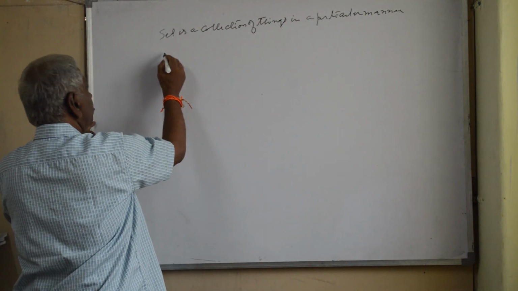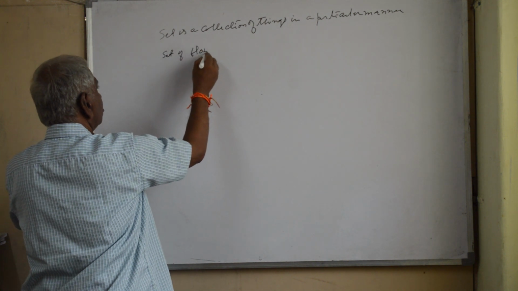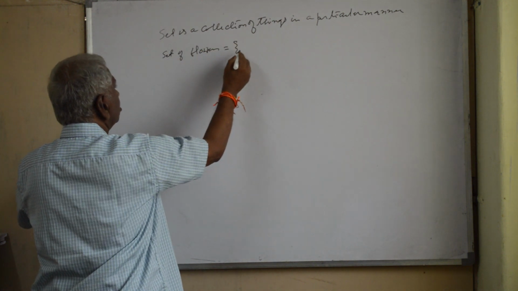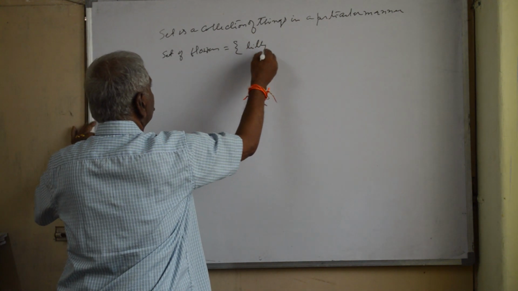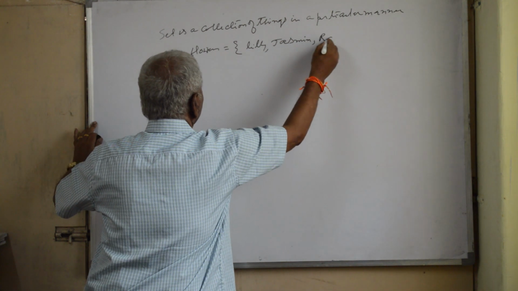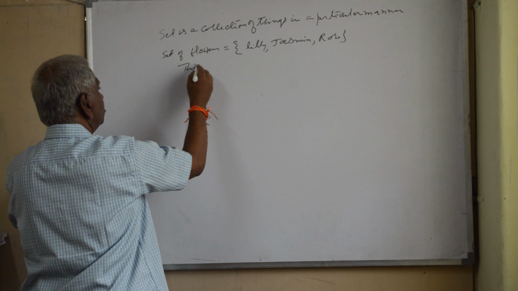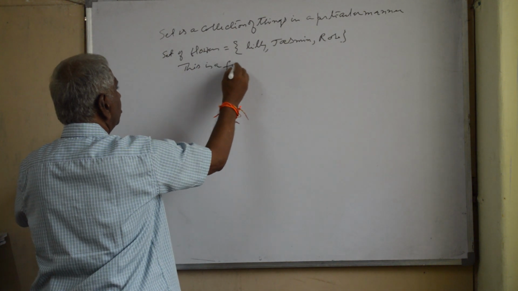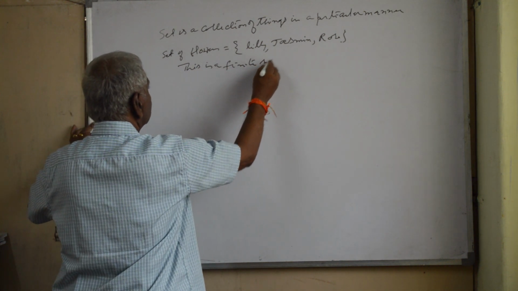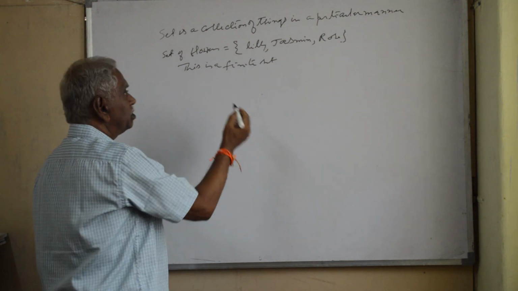For example, set of flowers: lily, jasmine, rose, etc. This is a finite set because it has only countables: 1, 2, 3. We can count the numbers.